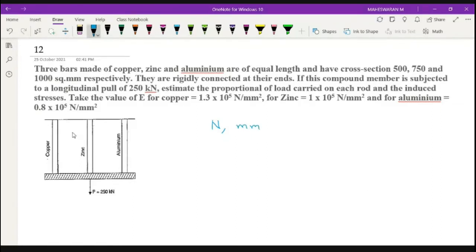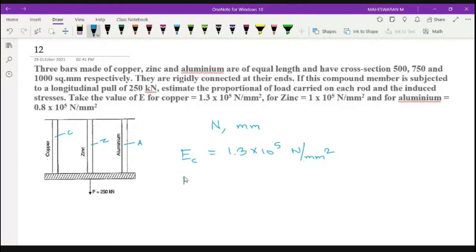Let me call this P, this I will call Z, and this I will call A. Whenever I write EC, it indicates Young's modulus for copper, which is equal to 1.3 into 10 power 5 Newton per mm square.